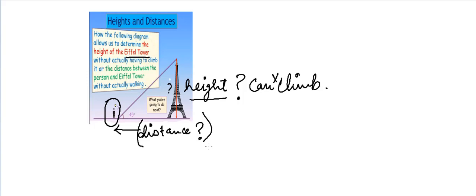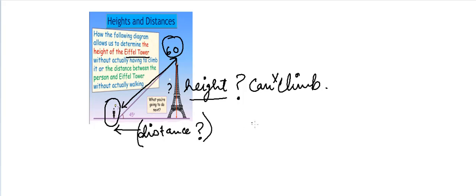So for solving such questions, you must understand the concepts of trigonometry. Now, say you know this distance is 60. Now you can calculate the height. How?